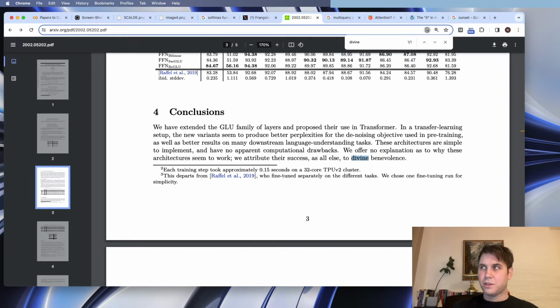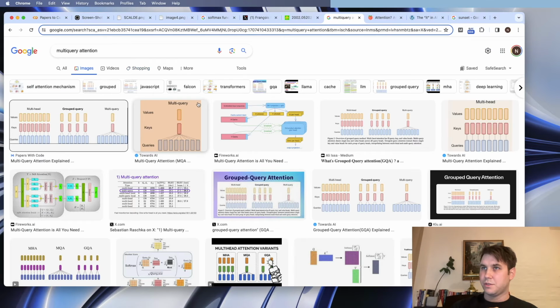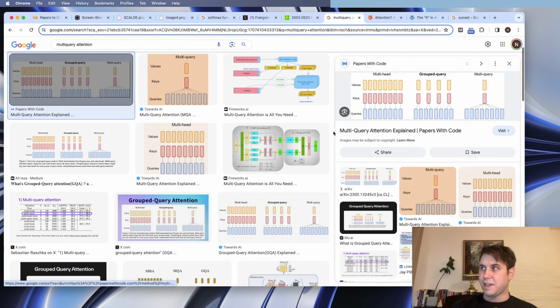Similarly, there's something called multi-query and grouped-query attention. We'll get to multi-head attention soon, but the idea is that instead of having the same number of heads for queries, keys and values, you can actually reduce the number of heads that you have for keys and values.